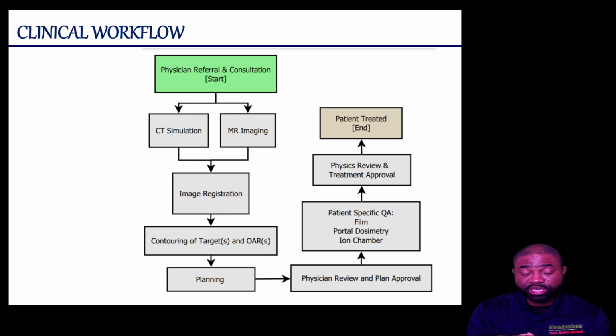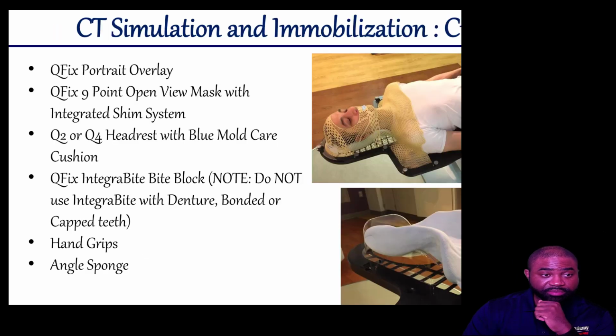Once the PSQA is completed, analyzed, and it passes the gamma criterion, then the patient is treated. And we are going to look at the workflow during treatment delivery in a little bit.